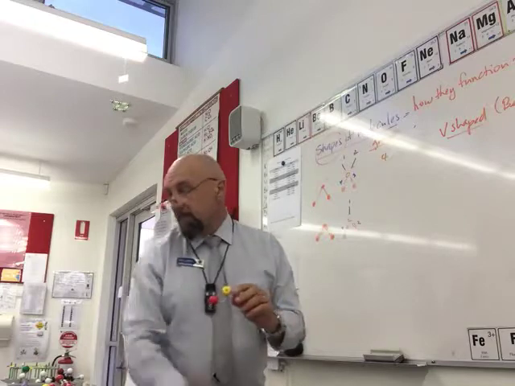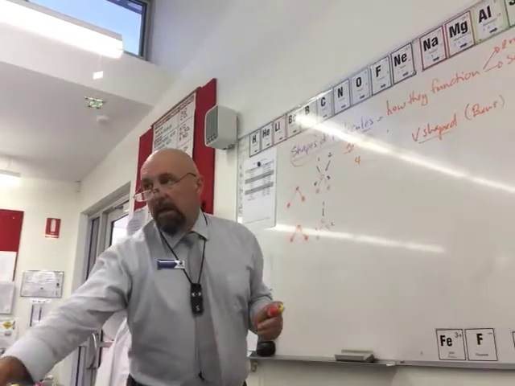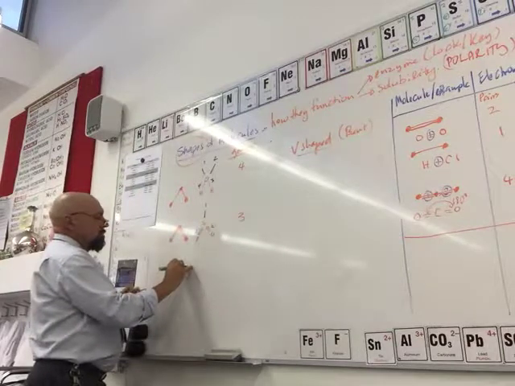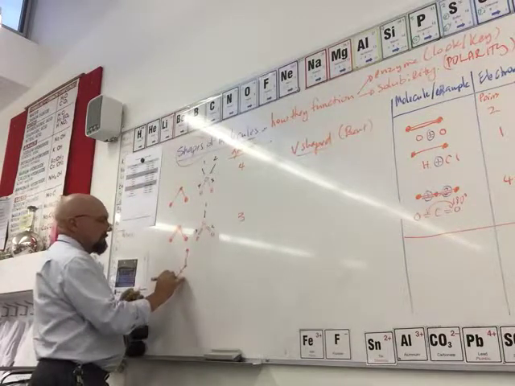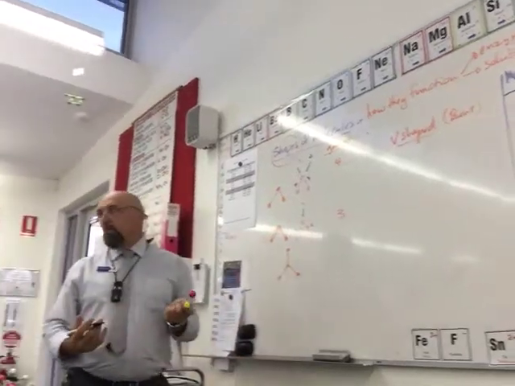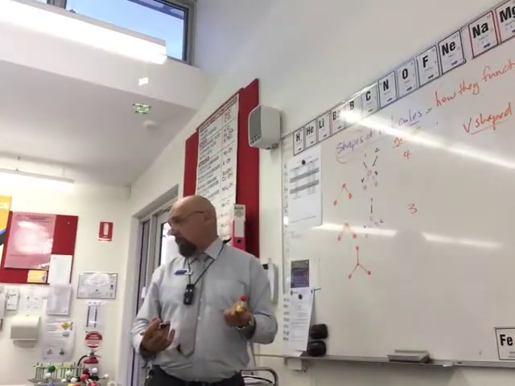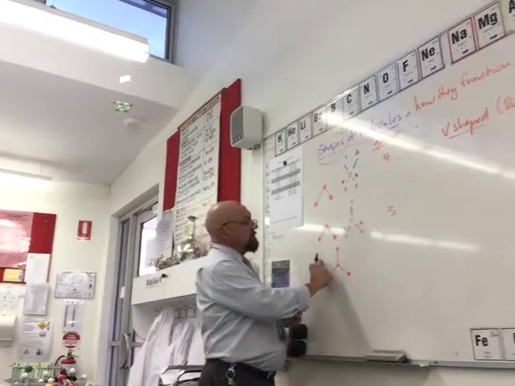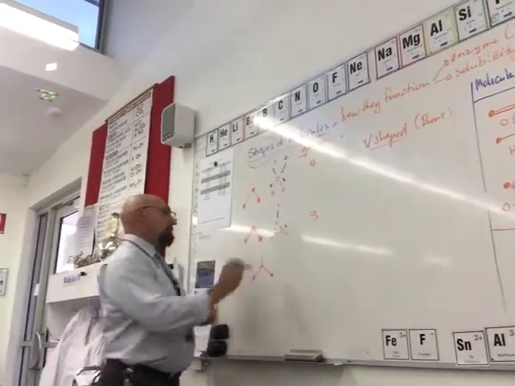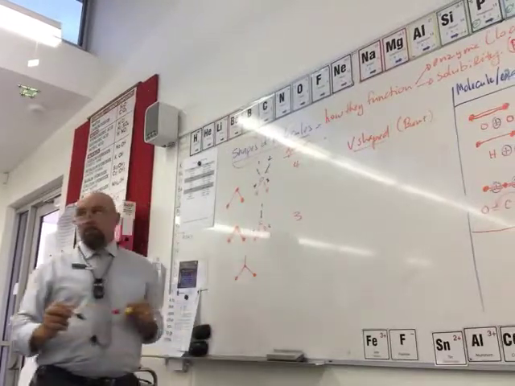Now, 3 of them. So strictly speaking then, if I were to draw the structure like this, that's what we're actually looking at for a sulfur dioxide molecule. The difference is it hasn't got any atom there, but it has got a spare pair.